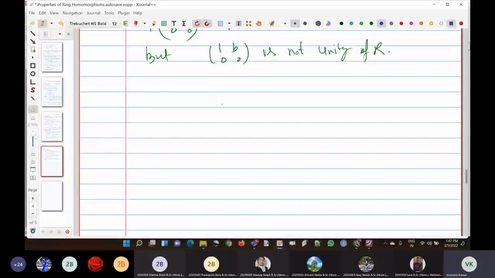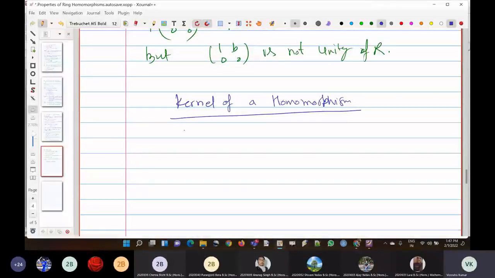So the next concept is the kernel of a homomorphism. Let f from R to R dash be a homomorphism. It is understood that R and R dash are rings.